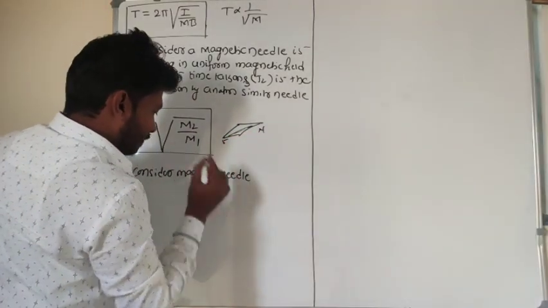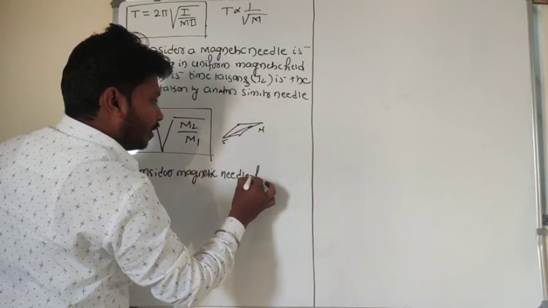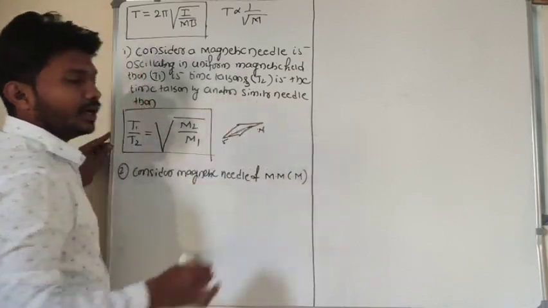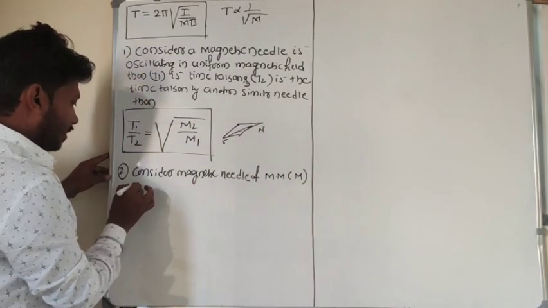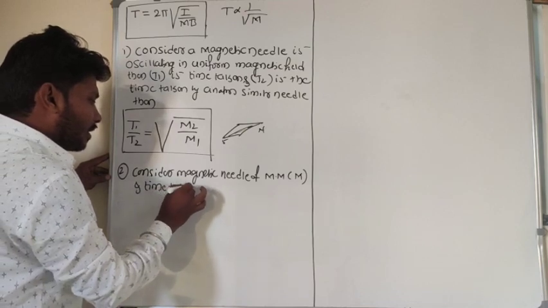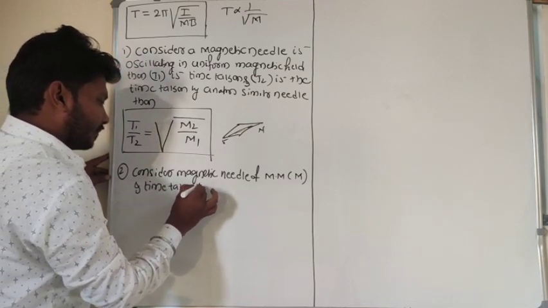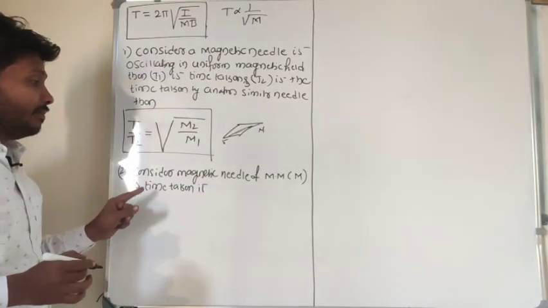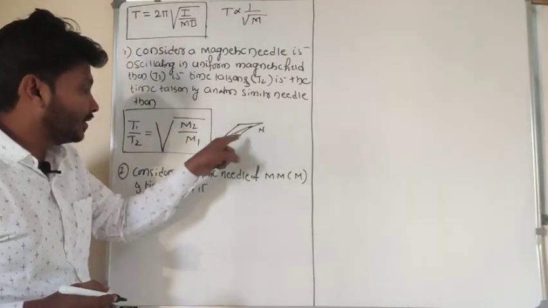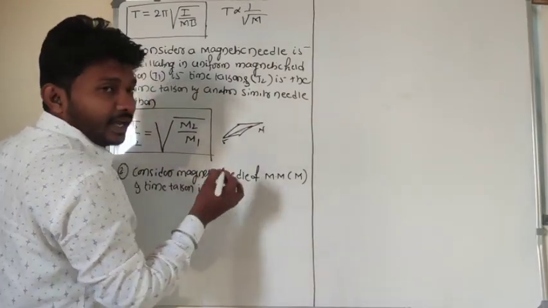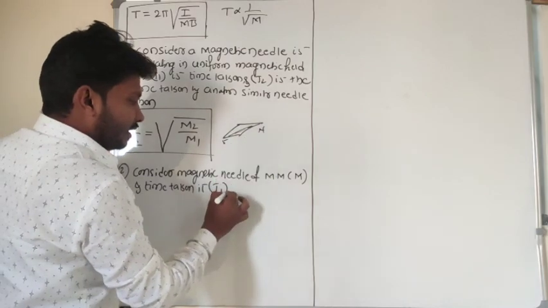Consider a magnetic needle of magnetic moment m. The time taken by the magnet to oscillate in a uniform magnetic field is t1. So the time taken by this needle is t1.